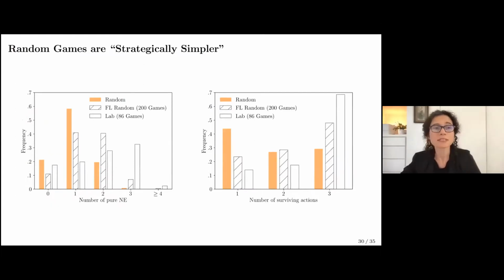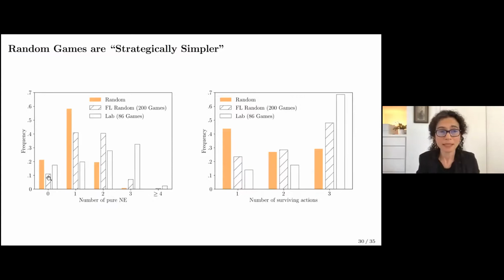So the first thing to note is that if anything, the random games that we're studying are quote unquote strategically simpler than these games that the literature is focused on experimentally. And that's true in terms of both the number of pure Nash equilibria and the number of surviving actions. So what you see here in the orange left bars are the games that correspond to our random games.